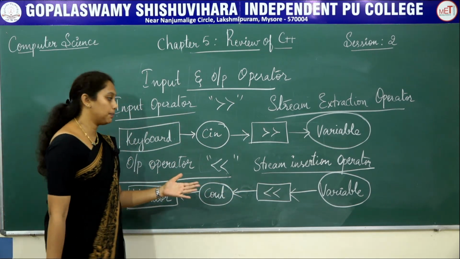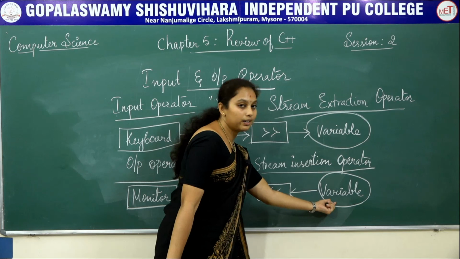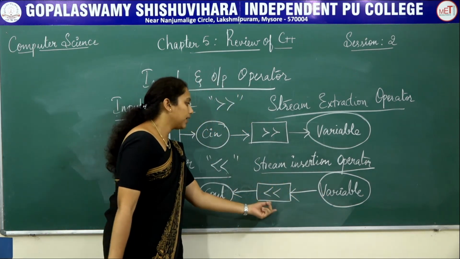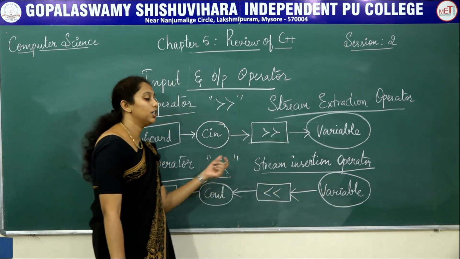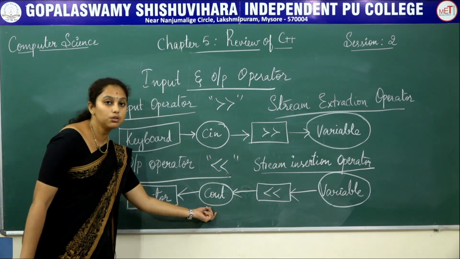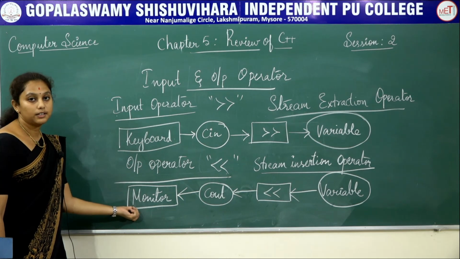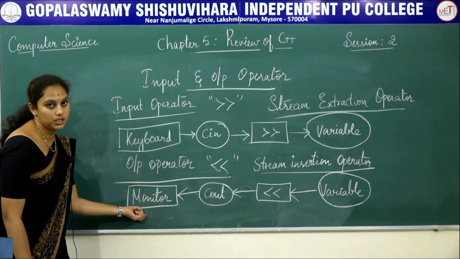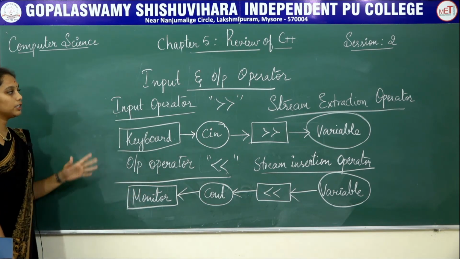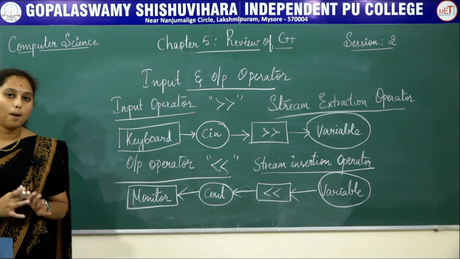How are we displaying it? We are displaying the value of the variable using the stream insertion operator followed by the cout object followed by the standard output device, that is the monitor. So this is about the input and output operators.